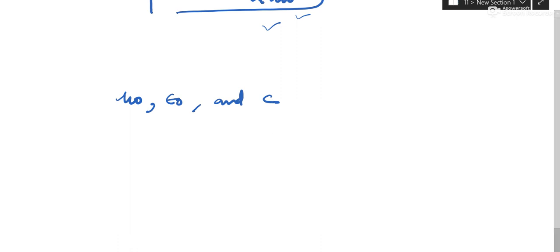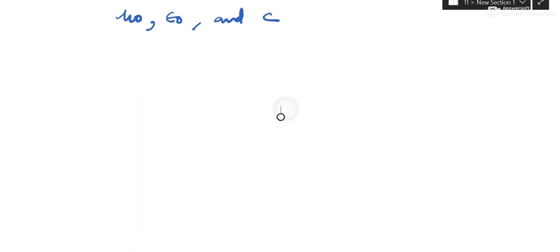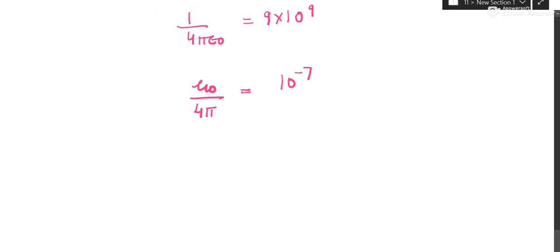C is speed of light. So let us check this out. We know the value of 1 by 4 pi epsilon naught: chapter electrostatics, 9 into 10 to the power 9. And what is the value of mu naught by 4 pi? Mu naught by 4 pi is 10 to the power minus 7. Right, let us divide both.